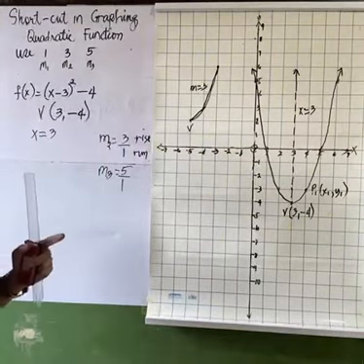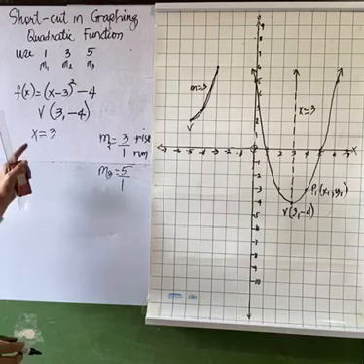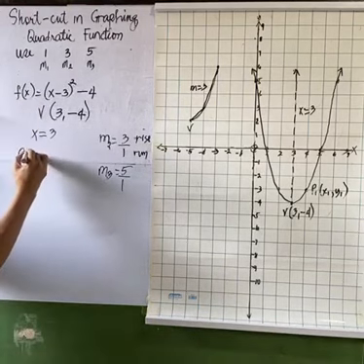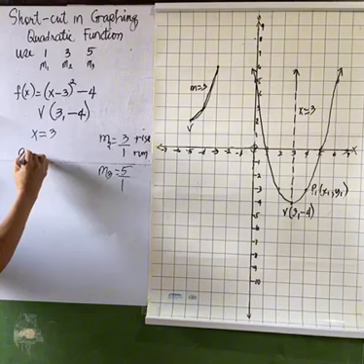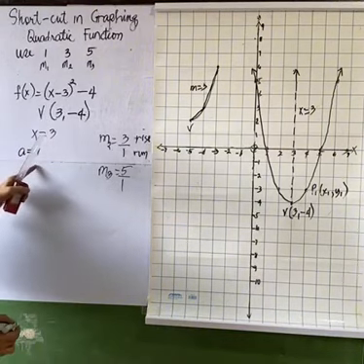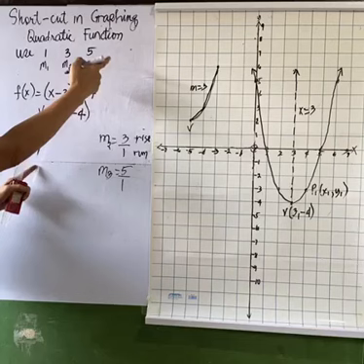Always remember that when A is 1, if the value of A is positive 1, use 135.